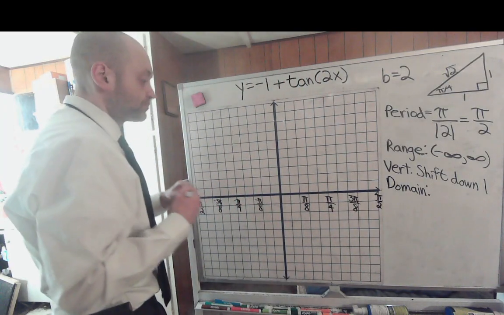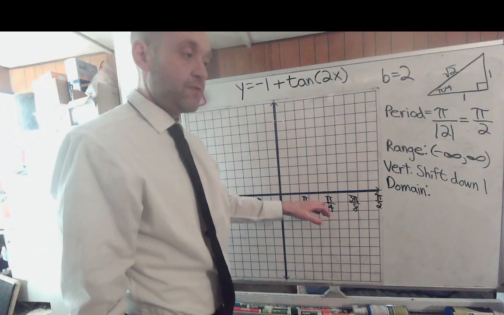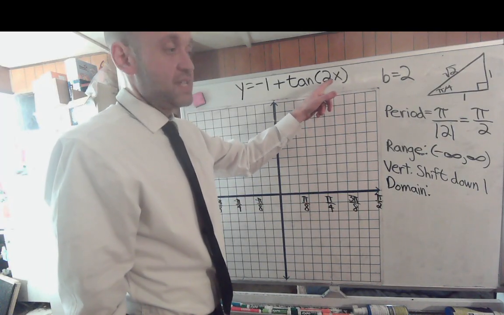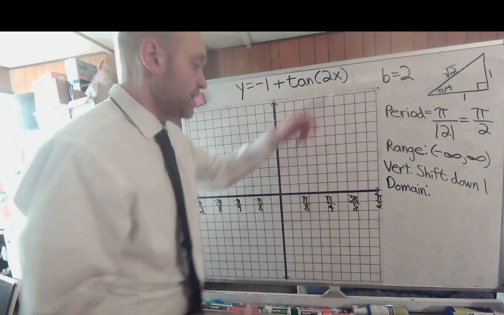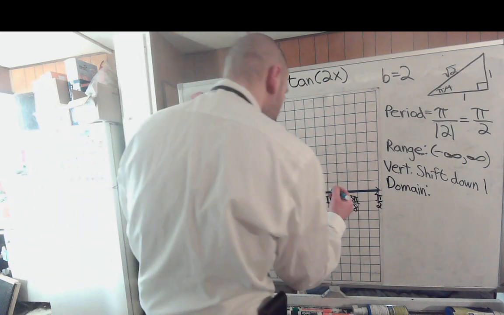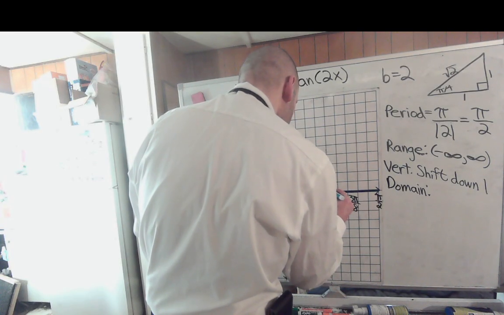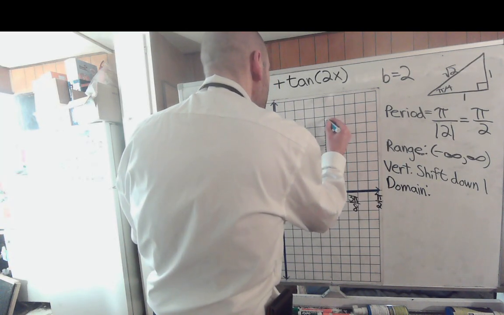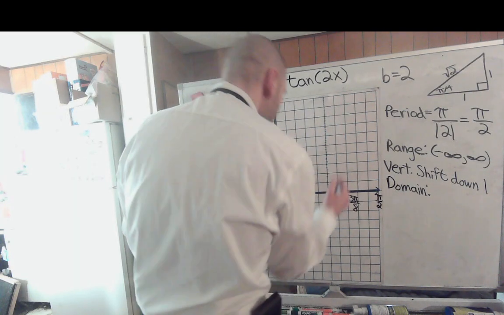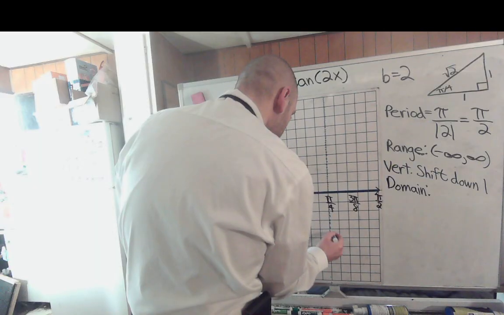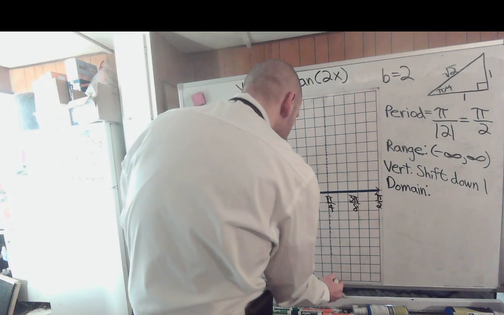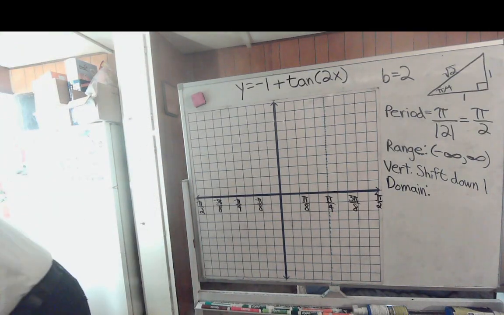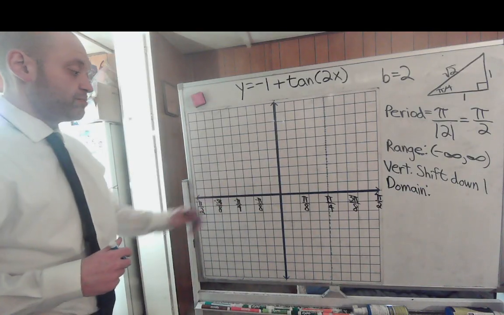Alright, so if I put in pi over 4 for x, I would get the tangent of pi over 2, which is undefined, right? So I'm actually going to have a vertical asymptote at x equals pi over 4. Alright, and then what about negative pi over 4?